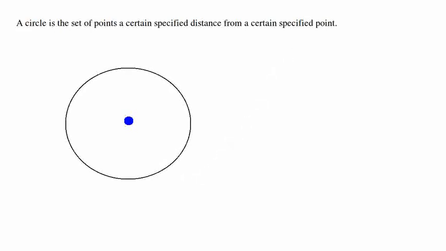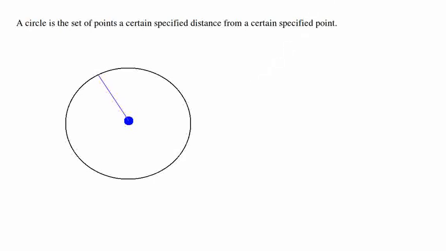Okay, so I've colored the set of points in black that are all the same distance from that blue dot as the length of this purple line segment. If you take a ruler and measure the distance from that blue dot to any point on that black closed curve, you'll see that it's the same. All right? So that's the definition of a circle.